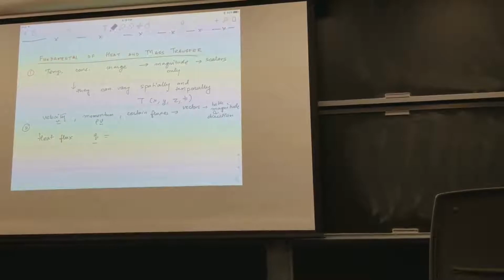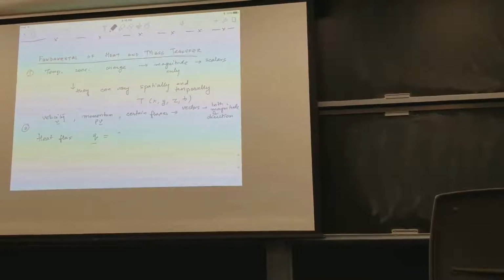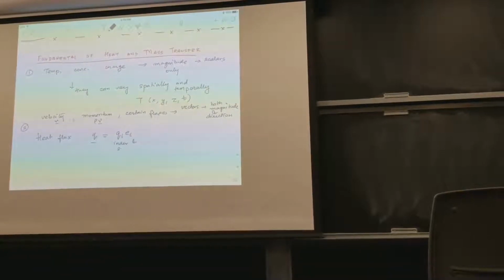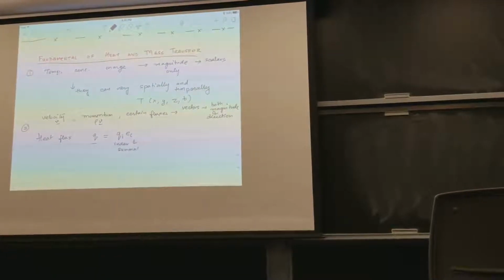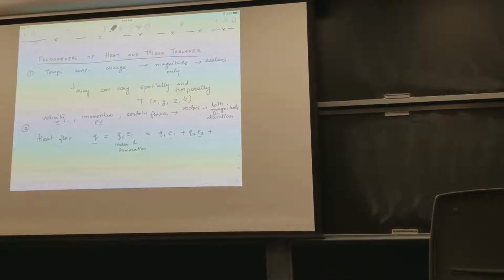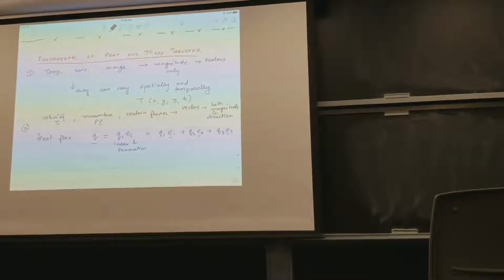And of course, when I'm thinking about heat flux and I use index notation, I should remember that I can write it in component form where you have 3 numbers, Q1, Q2, Q3, and 3 unit direction vectors, E1, E2, E3.